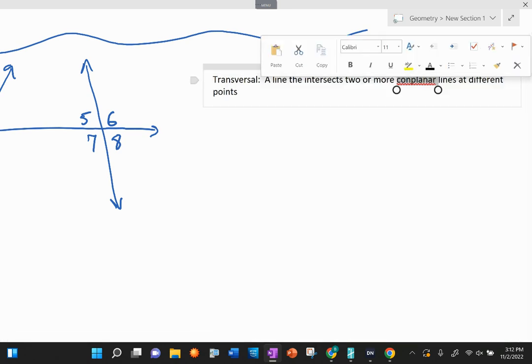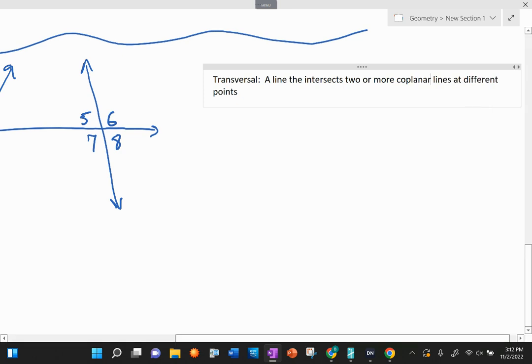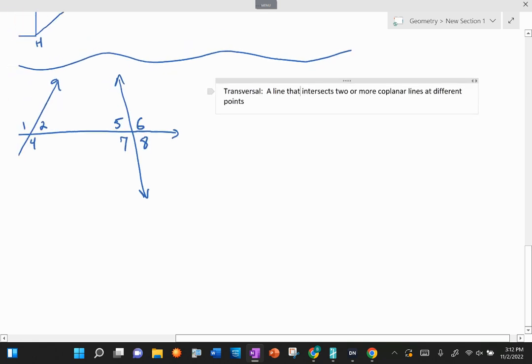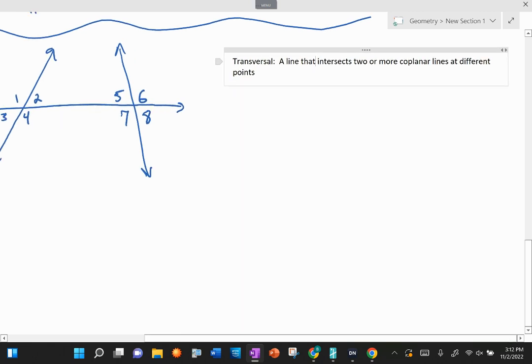This definition goes along with the question that Bram just asked. Bram was asking if this is 3D or 2D. This is two-dimensional, and I can make this bigger.